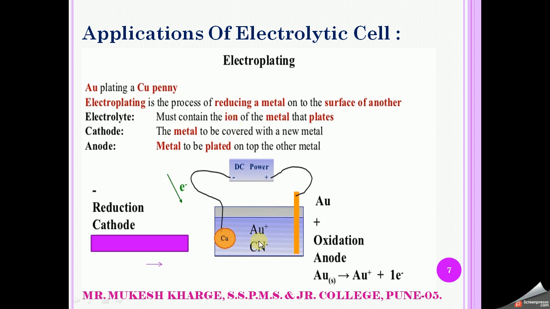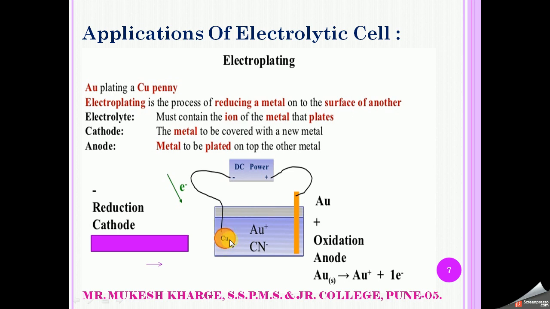Here gold is plated over copper. So the electrolyte is the aqueous solution of AuCl. The cathode is the metal to be covered with a new metal.